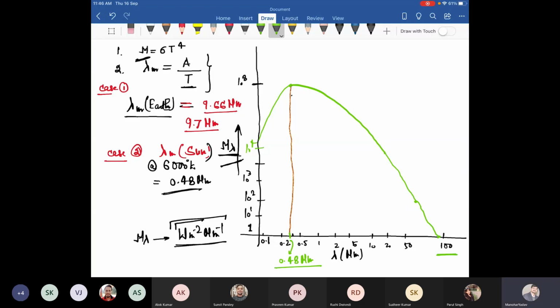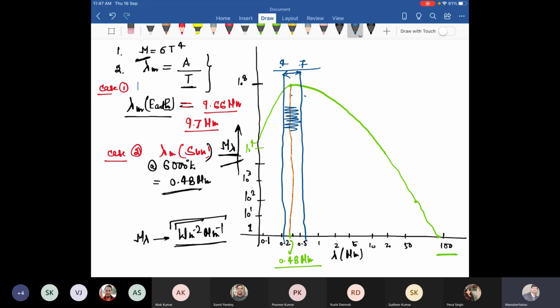Maximum you have in this band. Let's say if we confine this to the visible spectrum, what will be the range of the visible spectrum? Who is going to tell me? The 0.4 to 0.7 micrometer. Yes, it will be. This is the band, and let's say this is 0.4 and this is 0.7.